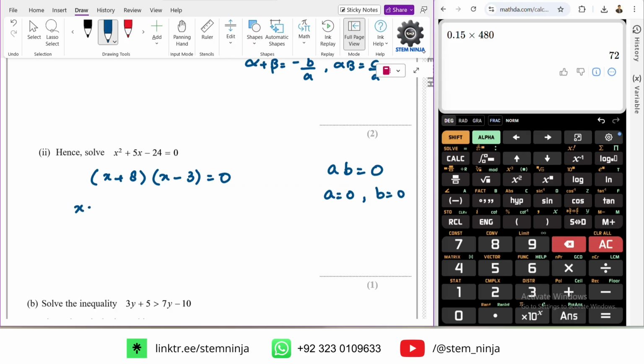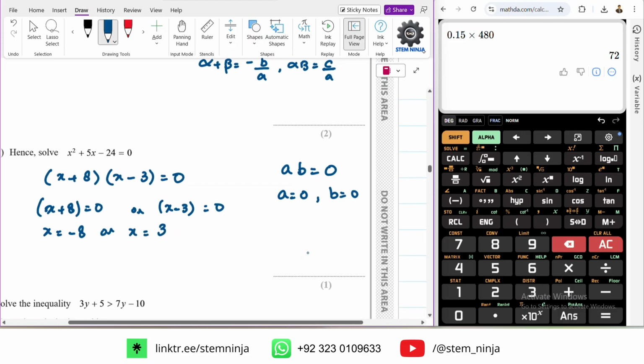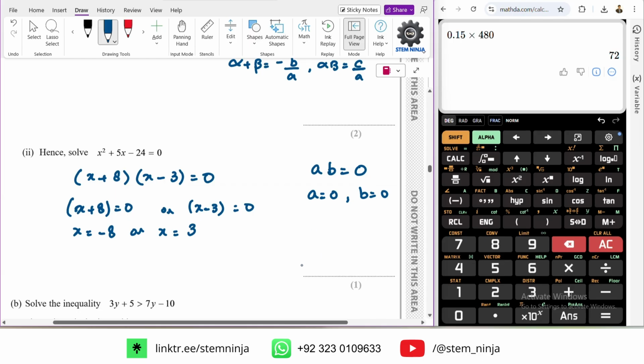So either x plus 8 is 0 or x minus 3 is 0. That means either x is minus 8 or x is equal to 3. So x is equal to minus 8 or x is equal to 3.